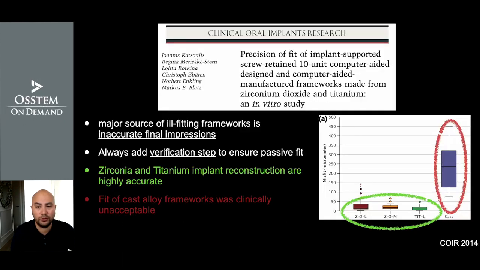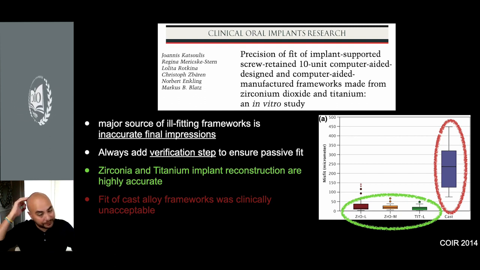So it's very important to have a metal framework, and this study basically assessed the precision and which metal framework we should go for. The conclusion is that the major source of ill-fitting frameworks is inaccurate implant impressions. And whenever possible, always add a verification step to ensure a passive fit.